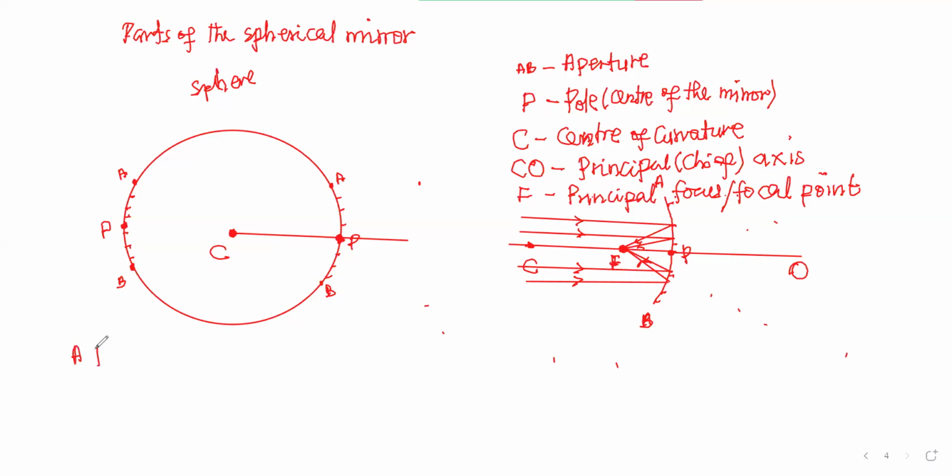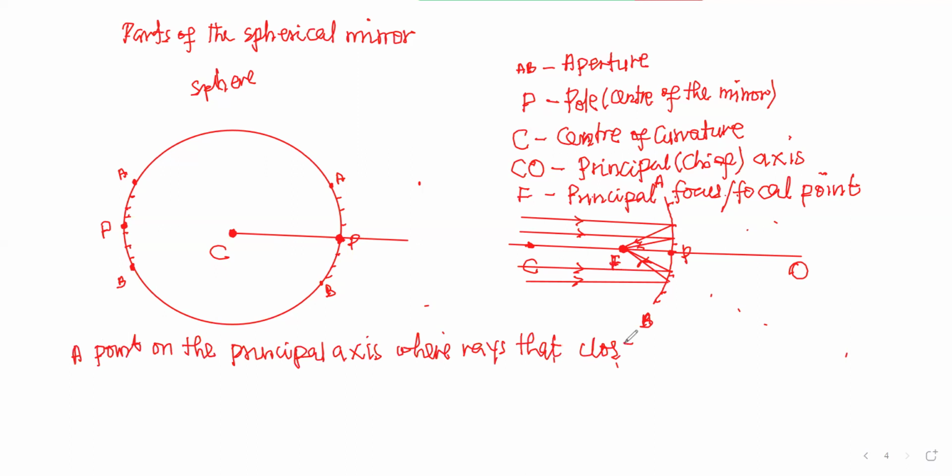A point on the principal axis where rays that are close, the rays must be close and parallel to the principal axis, actually converge.